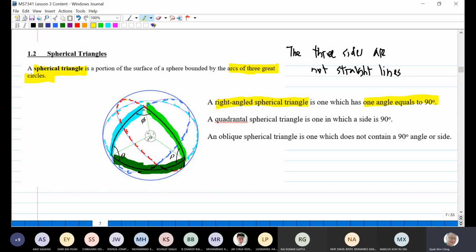And how about if one of the sides is 90 degrees? I will explain to you later why one of the sides can be 90 degrees.